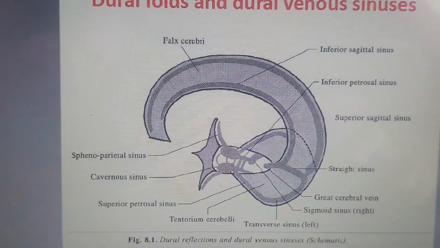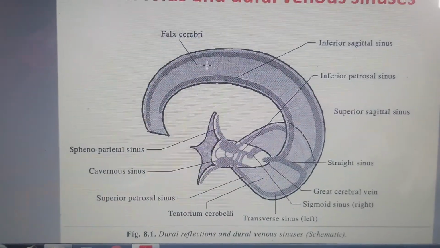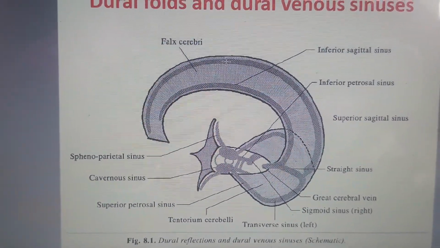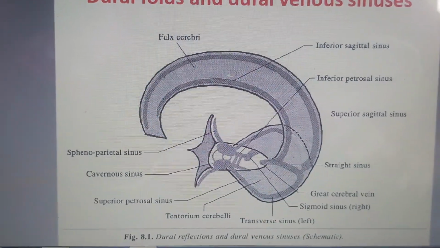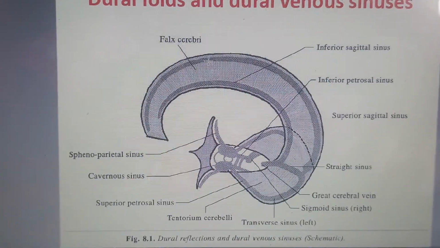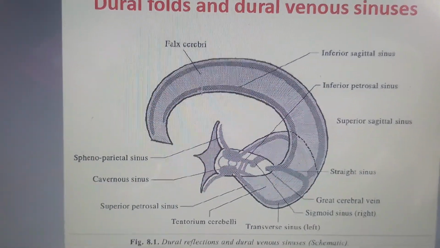This falx cerebri forms a midline partition between the cerebral hemispheres, and it is lined on either side by venous sinuses. Above we have the superior sagittal sinus, and this one is the inferior sagittal sinus.